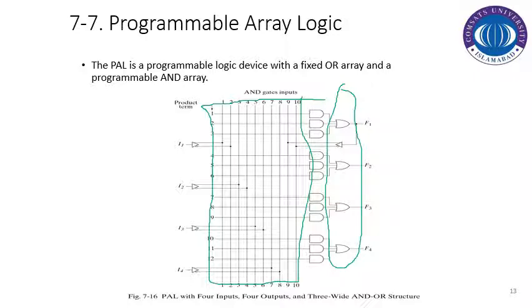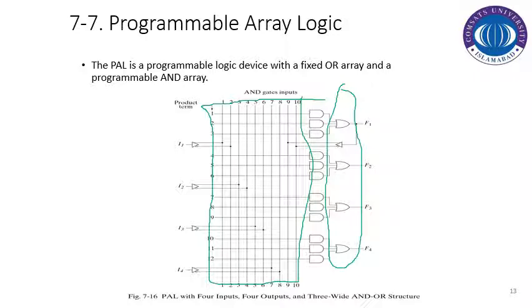One important thing we can see from this diagram is that we can reuse a function that has already been produced here in order to generate another function, because sharing of those product terms is not allowed, which was allowed in programmable logic array. Here it is not allowed.